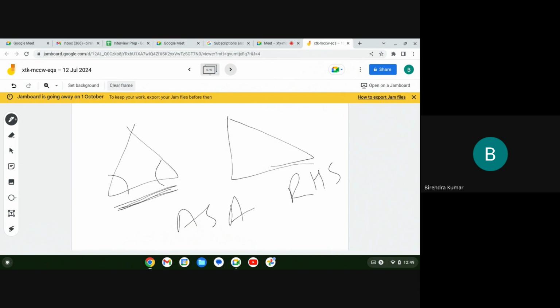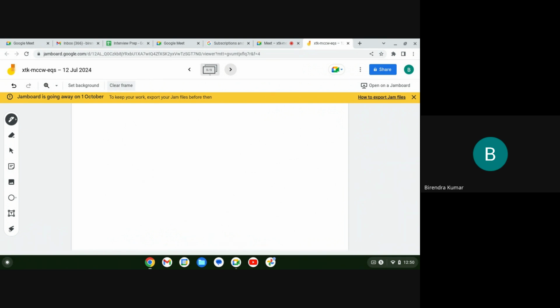These theorems for congruence will also help us find out how the formula for area of a triangle is derived. I'm not telling you right now, but we'll talk about it. When we talk about the area of a triangle, quadrilateral, rectangle, square, whatnot, these areas have not come from the sky.